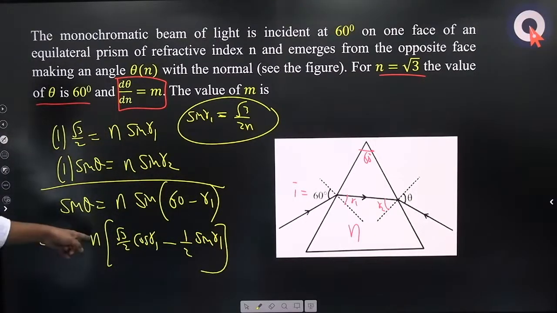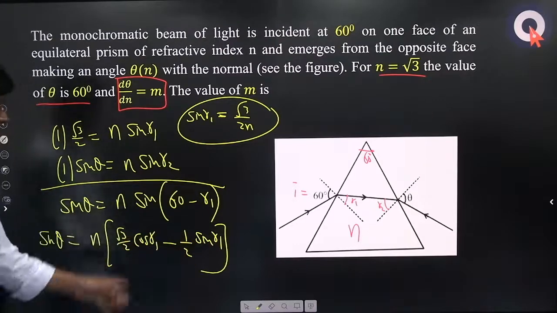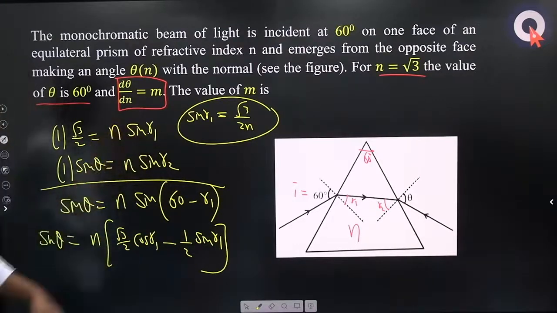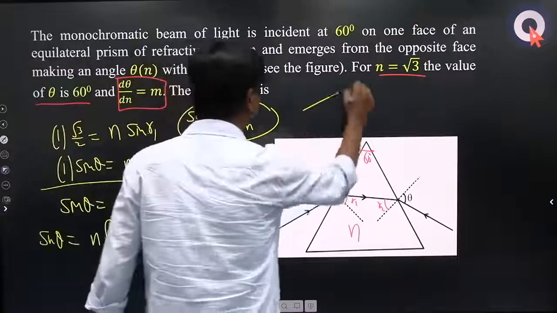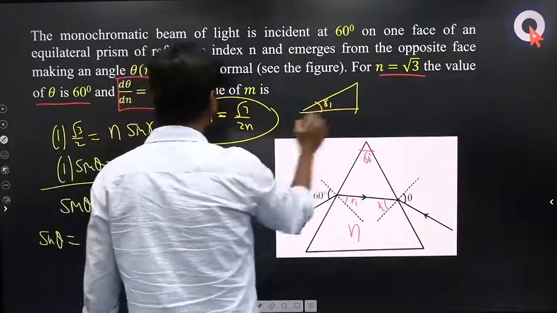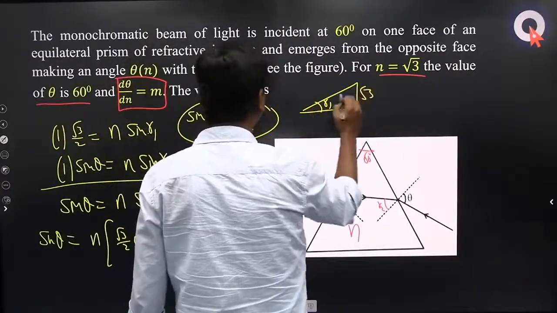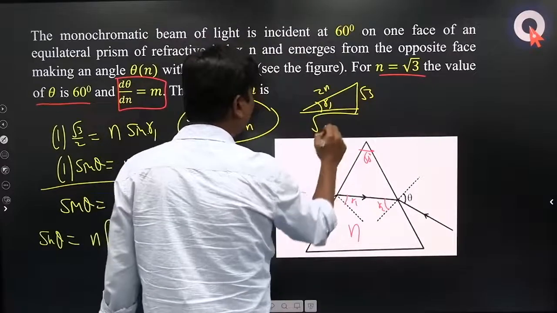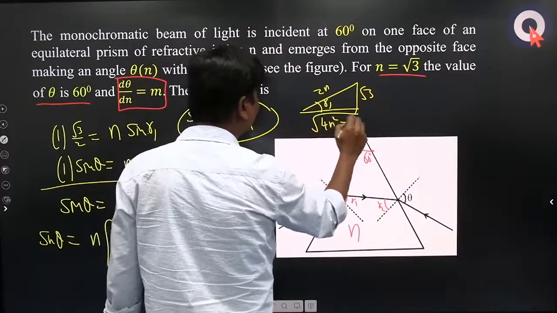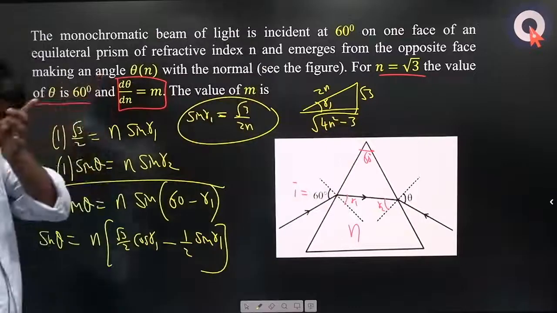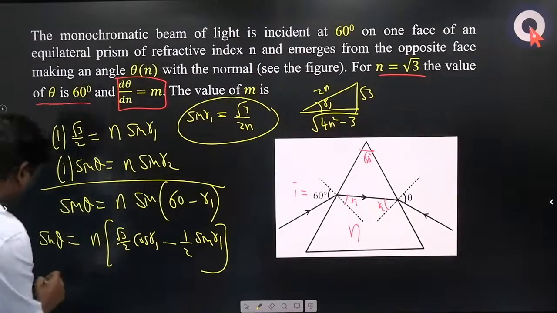So theta is a function of n, but R1 is there, and that also try to write in terms of n only, because you know sin of R1 is root 3 upon 2n. So the cos value will be root of 4n square minus 3, over 2n. Correct?